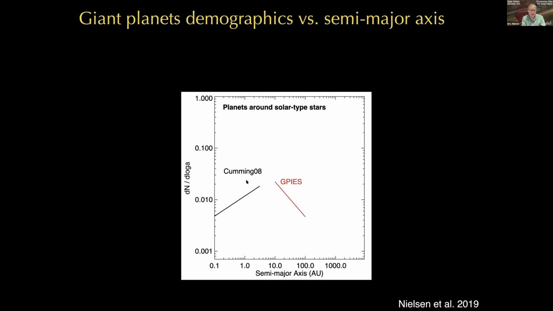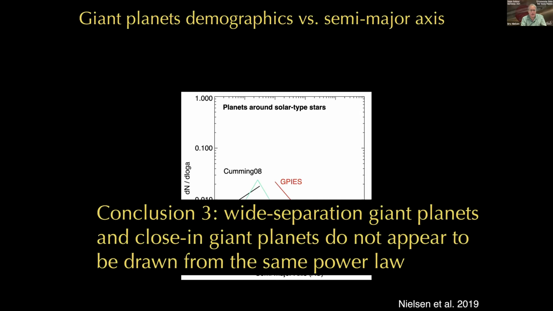And you put those together and you get a peak somewhere around the snow line, somewhere around a few AU. And this is very consistent with results from radial velocity surveys, a recent paper by Rachel Fernandes, a paper from BJ Fulton earlier this year, all pointing to this peak in the distribution of giant planets somewhere around the snow line. Okay. So again, not the same power law for the inner and outer solar system.